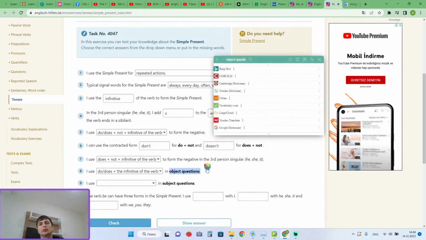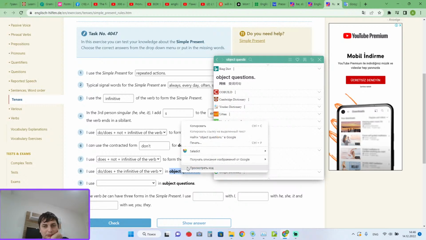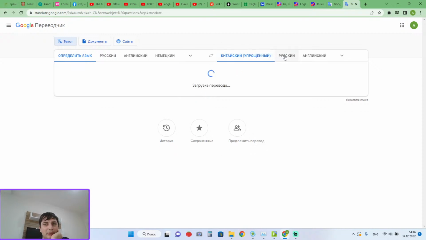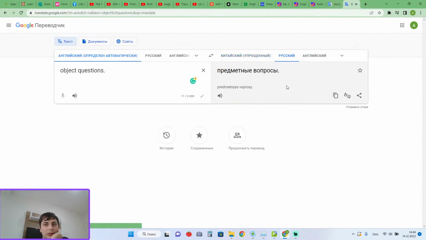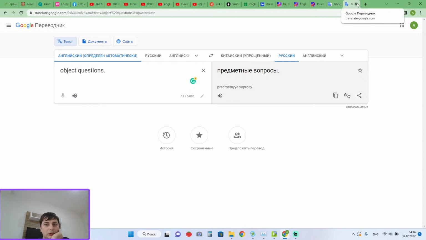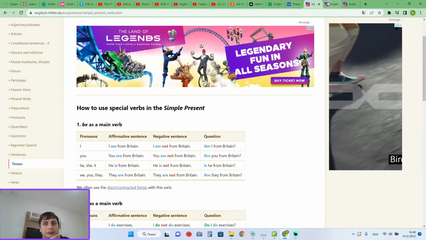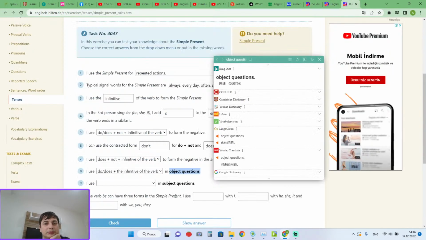I think I know what it is, but I'm not sure. What does object mean?